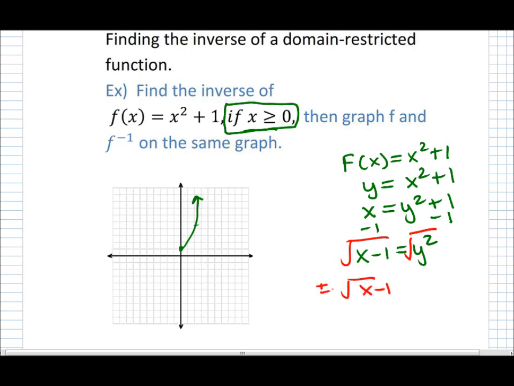Now, normally I would put a plus or minus there, except remember, we're just looking at when it's positive, so no plus or minus needed. So our inverse is just the square root of x minus 1.